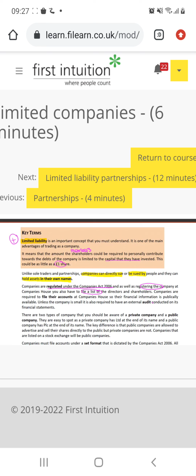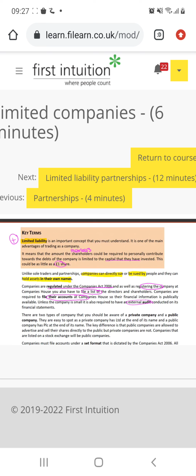So there's a lot more regulation, a lot more paperwork and filing to do if you are a company. Your annual accounts, you have to file these as well at Companies House, and this means that financial information is publicly available. If you're a large company, there is a further requirement to have an external audit.